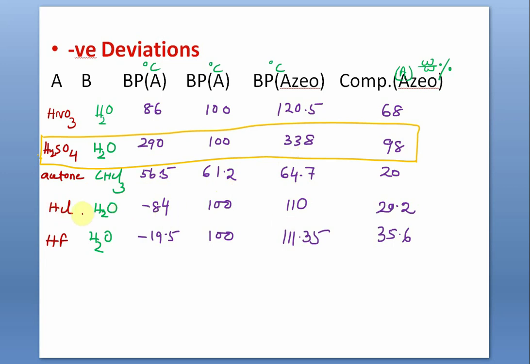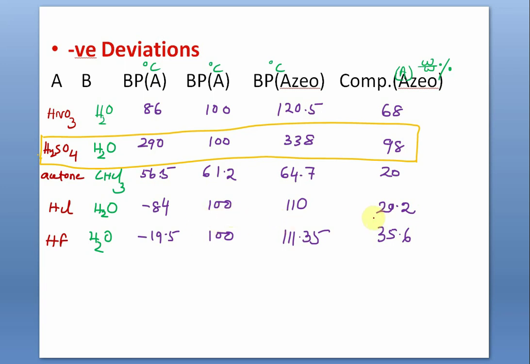HCl in its native state is a gas, but we treat it as a liquid system in the mixture, where its boiling point is -84 and water is 100.